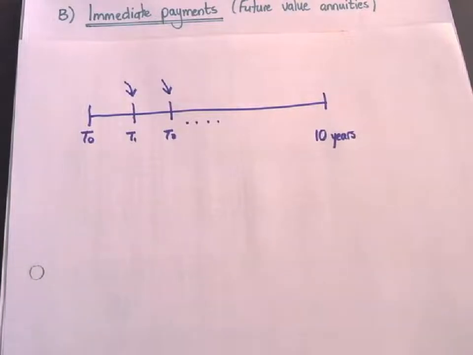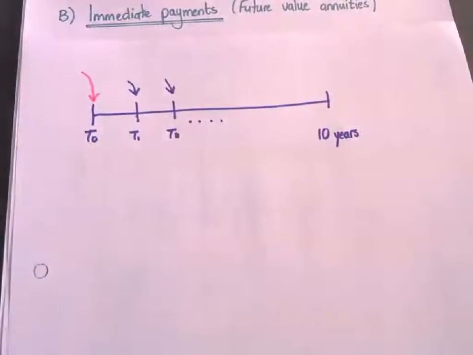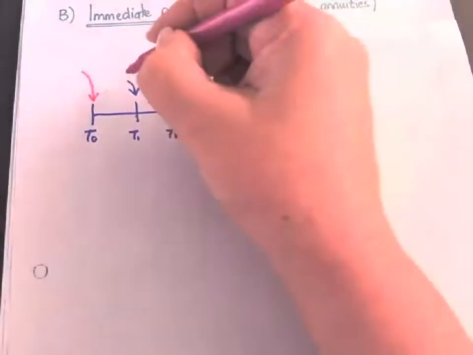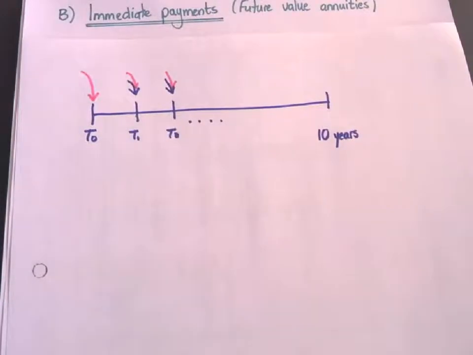Now today, we are going to see what happens if we open a savings account and we immediately deposit something in it, and then as well at the end of every month. Can you see the difference? So for today's work, we have an immediate deposit, and then every end of the month until the end of the period.